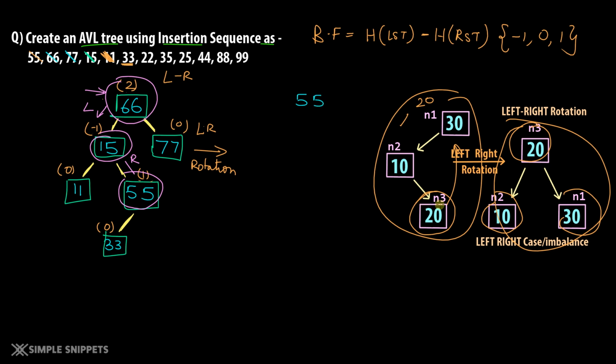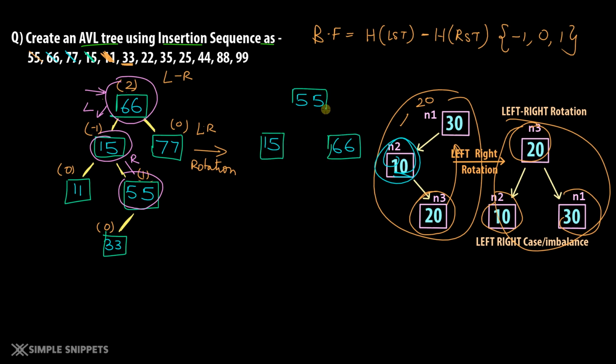This is what we are seeing from this left-right rotation case. 20 was the bottom most value, it came to the top. So once 55 is taken to the top, 15, that is the center node, which is n2 over here, becomes the left child. So 15 will become the left child, and then the remaining 66 will become the right child. These 3 nodes that we selected for the left-right rotation, after doing the left-right rotation, this is what we are getting as the result.